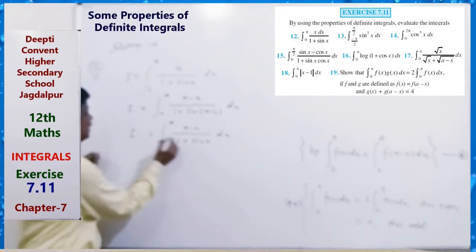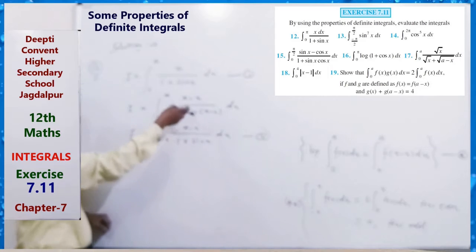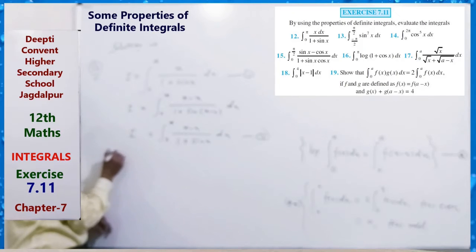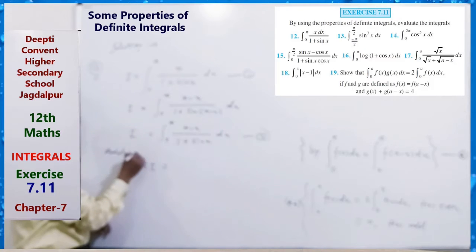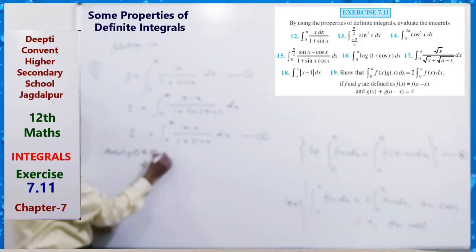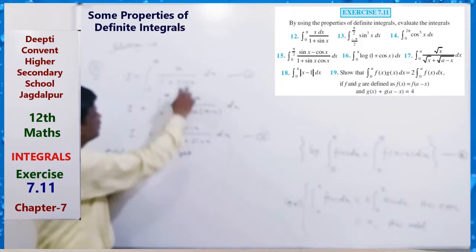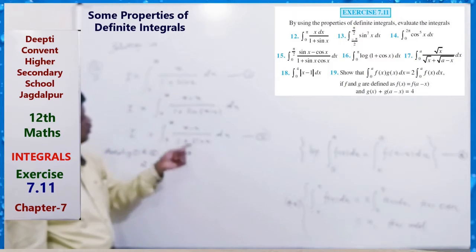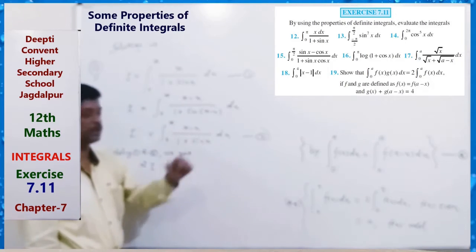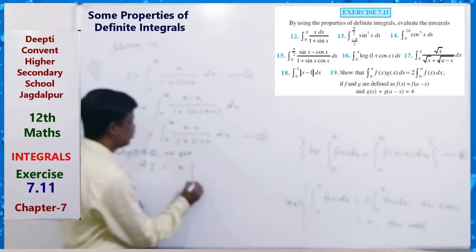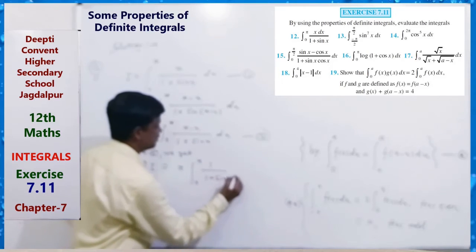This is equation 2 and the original is equation 1. Adding 1 and 2, we get 2I. The denominators are the same, and in the numerator x plus pi minus x, x cancels, leaving pi times the integral from 0 to pi of 1 upon 1 plus sin x dx.